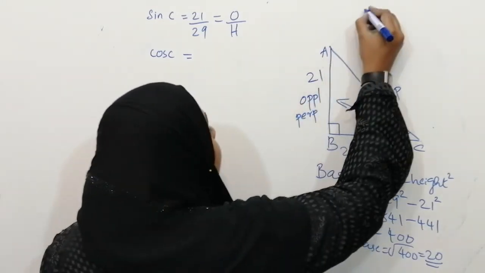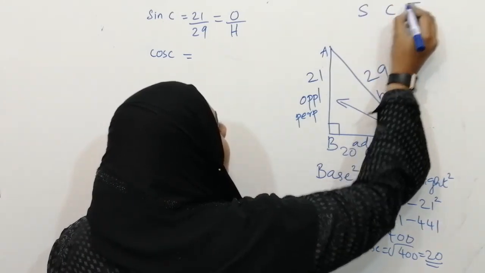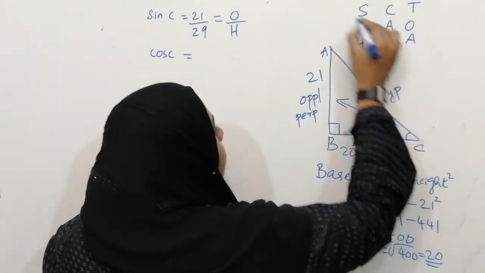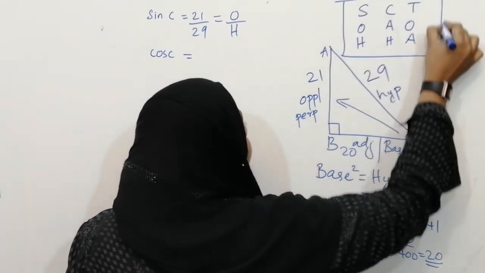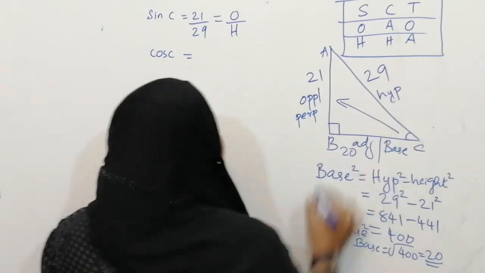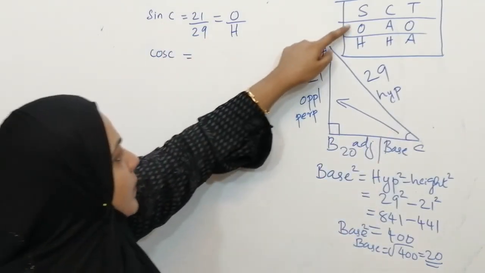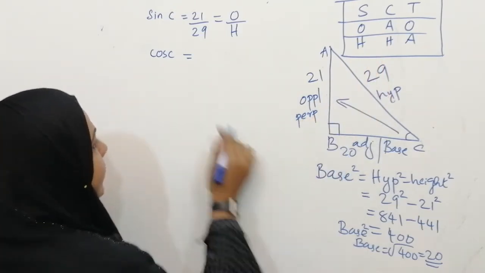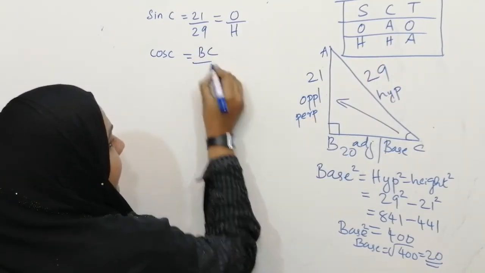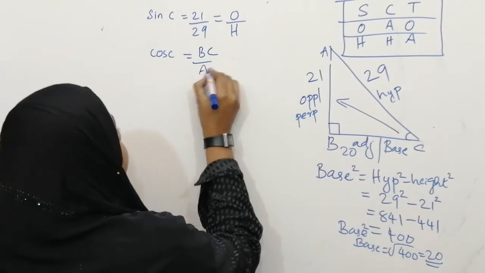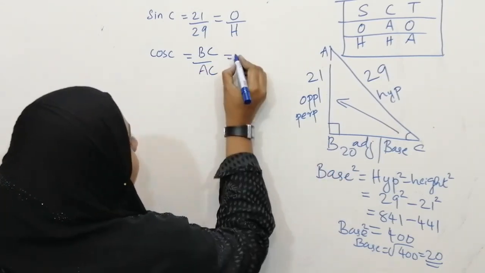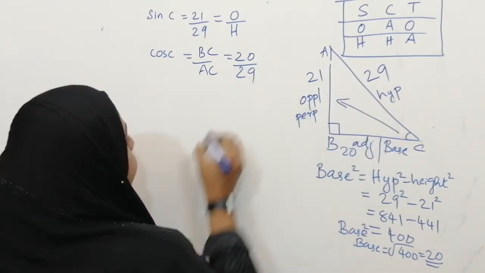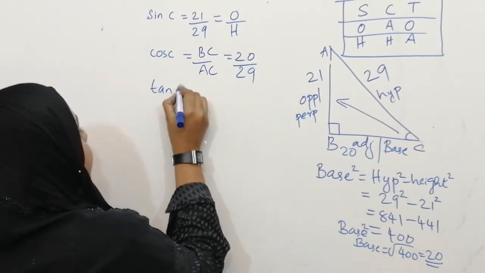So I am writing here SOHCAHTOA. So you know that sine is opposite to hypotenuse. So what is cos? Adjacent to hypotenuse. So what is adjacent here? BC, and hypotenuse is AC. So what is BC here? 20 by 29.